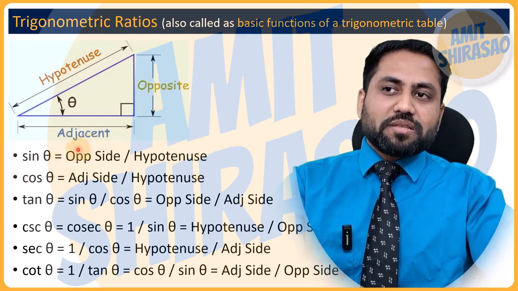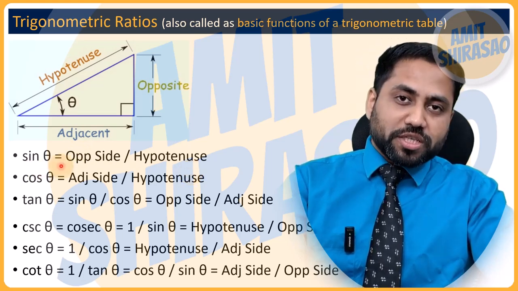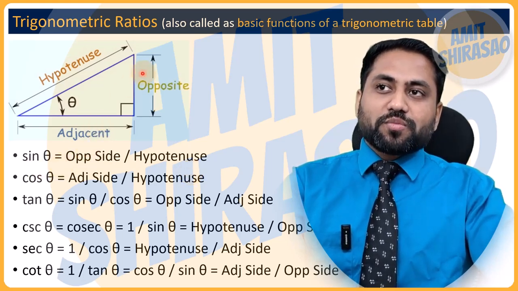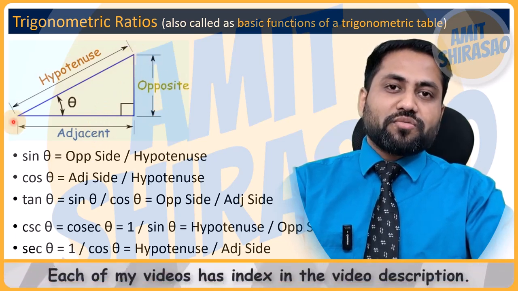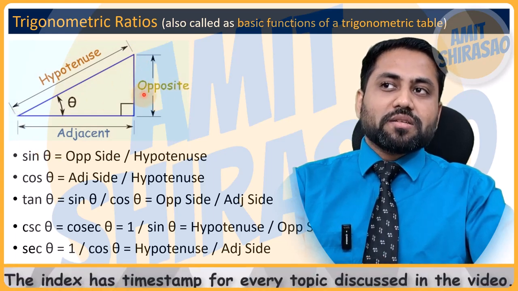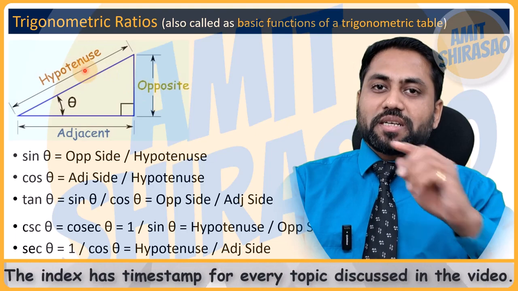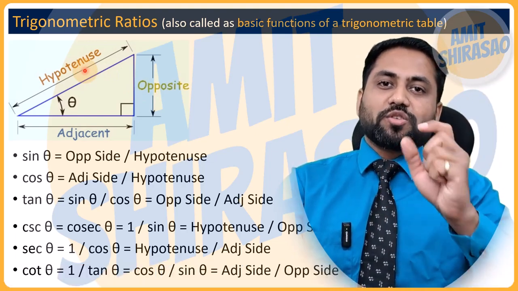Since it is given in terms of ratios, it does not have a unit. Suppose the opposite side is 3 centimeters and the hypotenuse is 5 centimeters, then sine theta is 3 centimeter by 5 centimeter. Centimeter will get cancelled, so it is just a ratio.